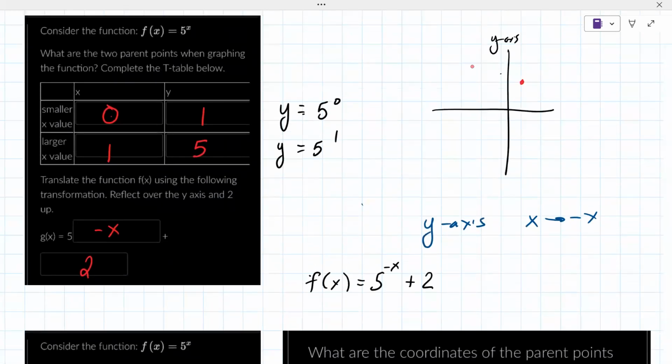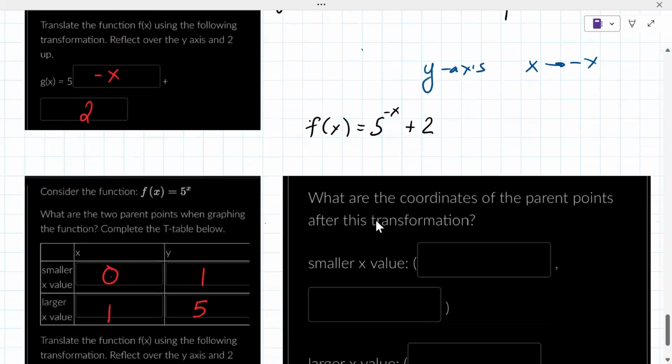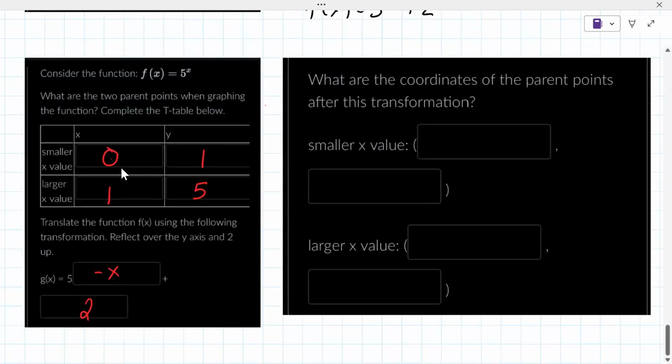If you imagine a point here going that way or a point here going the other way, that affects the x value, but not the y. So the smaller value here, when it's 0, 0 doesn't change, but 1 goes to -1. And then the transformation 2 units up, each of these y values is going to go 2 units up. So 1 goes up to 3, 5 goes up to 7. Does that work? Yeah. Okay.